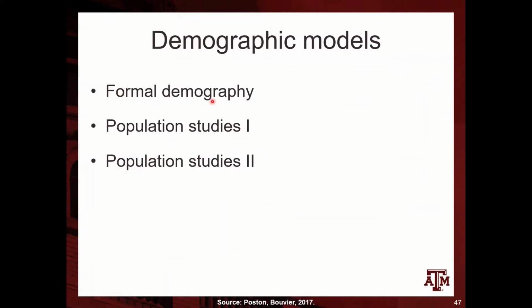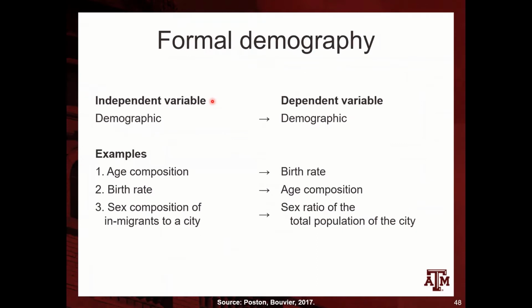And formal demography, it's pretty much when the whole study that you are doing takes into account some sort of demographic changes or demographic variables, where both the dependent and the independent variables are demographic.